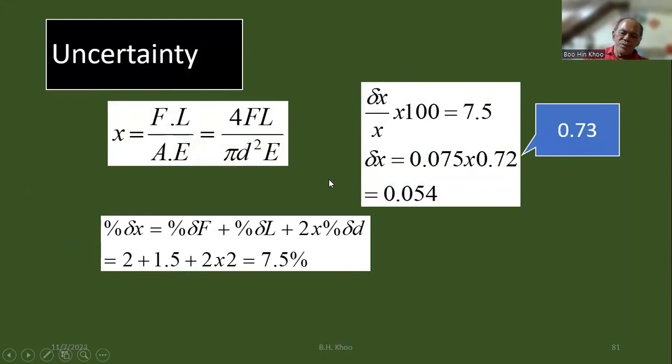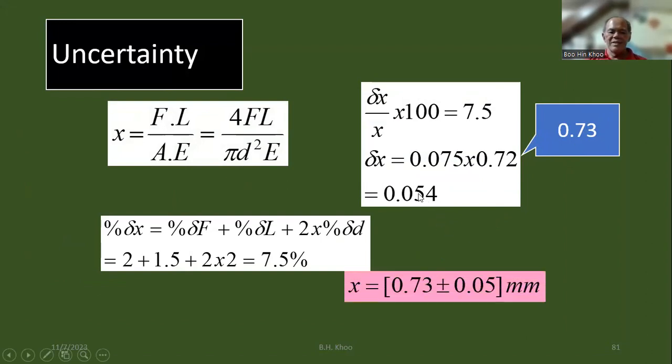So some of you using calculator may have got 0.73, even if you use 0.73, doesn't matter. Or 0.72, we've got 0.72. So you got your delta x is 0.54. Remember, uncertainty is one significant figure only. So you have to round it off to 0.05. So 0.73 plus or minus 0.5.